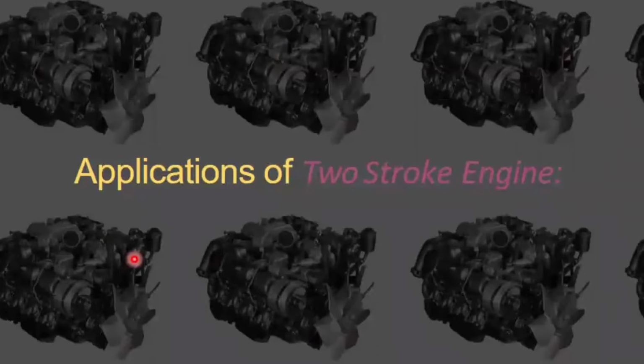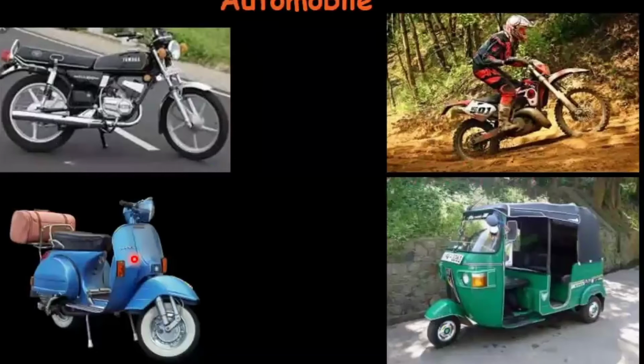Coming to applications of two-stroke engines, first we have automobiles. Mostly we prefer them in automobiles, such as Yamaha. This bike is also run on a two-stroke engine, and this type of mountain bike also has two-stroke engines.